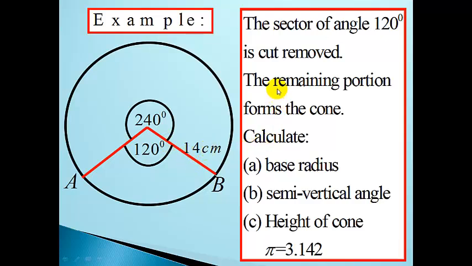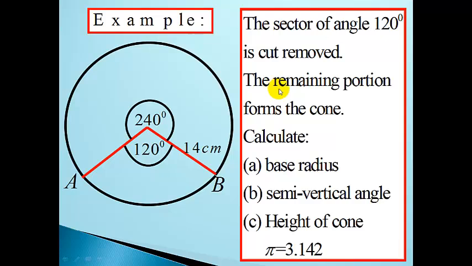Now let's go back to the question. After the sector of angle 120 degrees is cut removed, the question goes on to say that the remaining portion forms the cone. So what is the remaining portion? The remaining portion is the portion with the 240 degrees angle. That is the major sector.